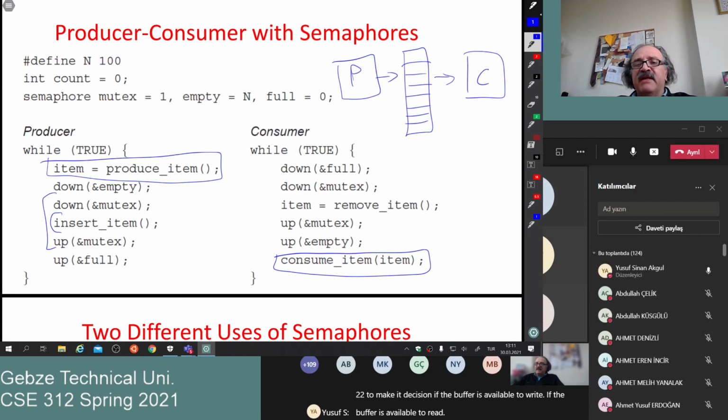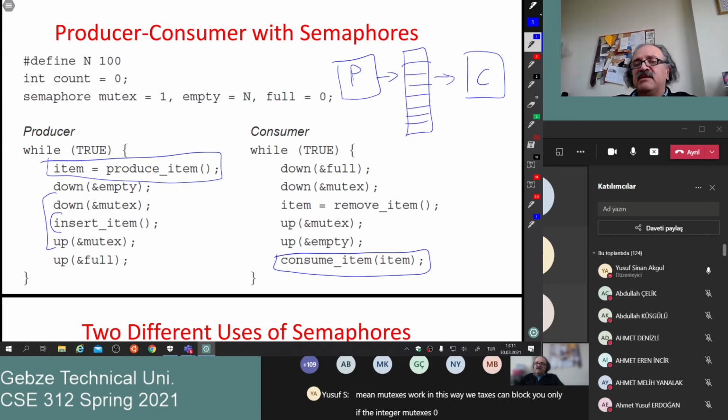What is the condition that the consumer can be blocked? It is blocked if the buffer is empty. Well, semaphores work in this way. They can block you only if the integer is 0.